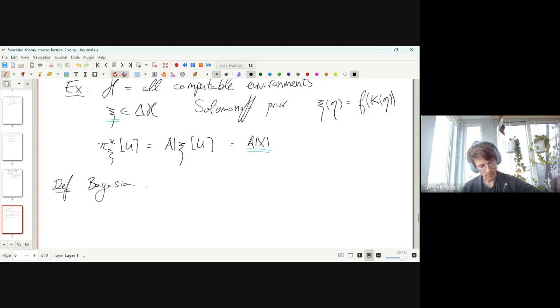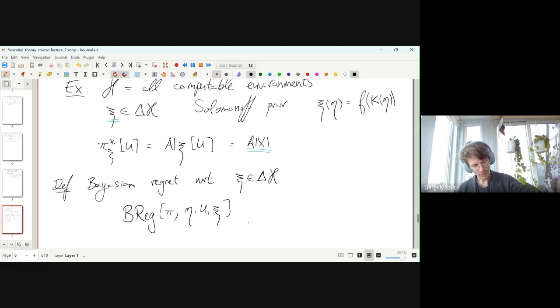Bayesian regret with respect to the prior xi is going to be BREG with respect to eta, u, psi.